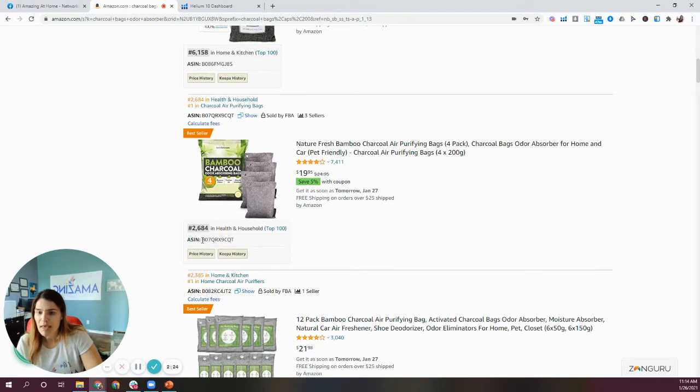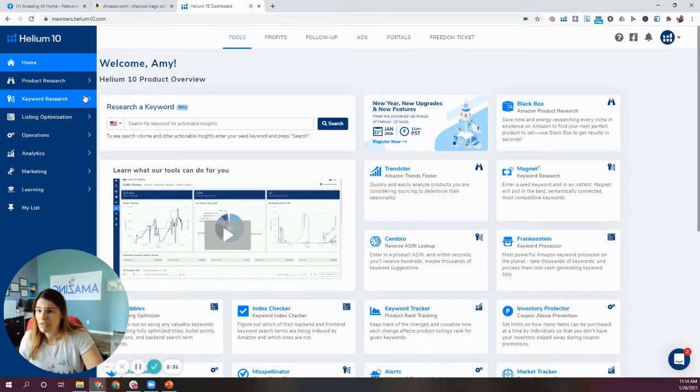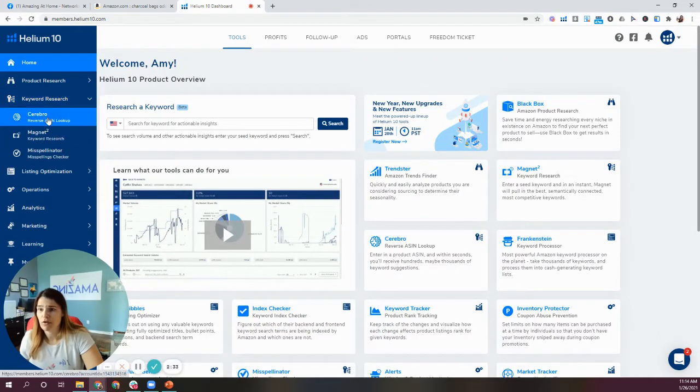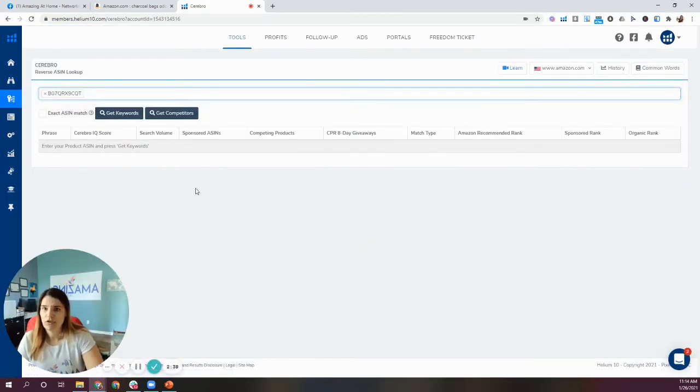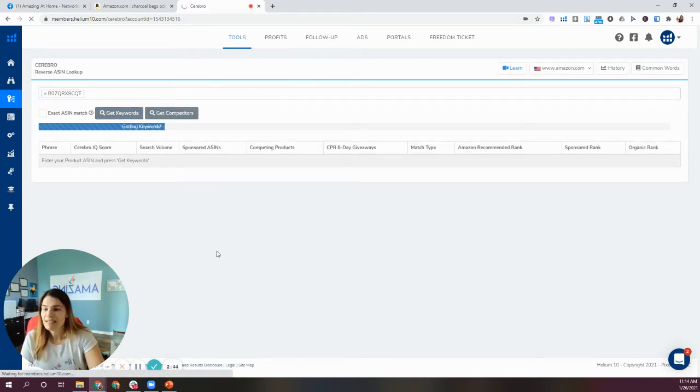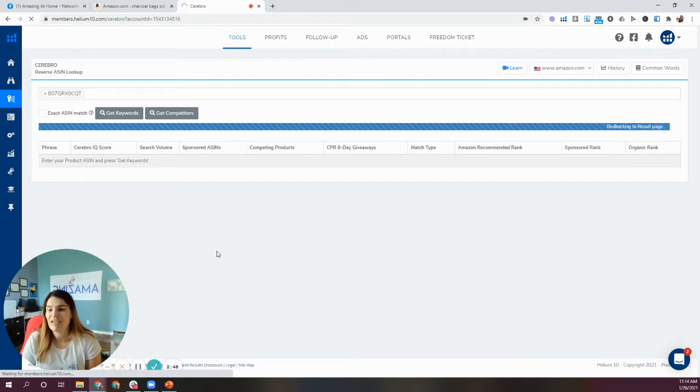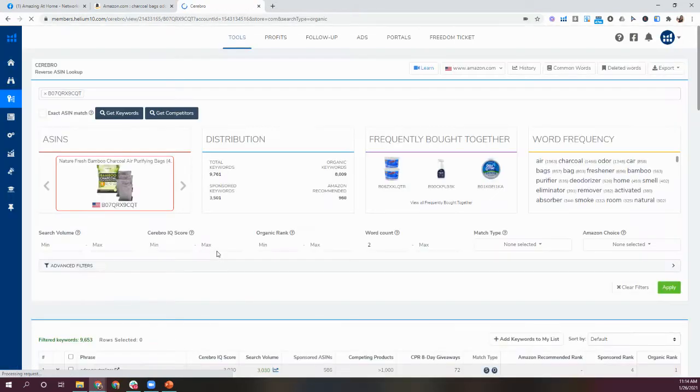Let's put their ASIN into Helium 10's tool here. Helium 10 has a tool called Reverse ASIN Lookup Cerebro. And what I can do is I can search and see, let's get keywords. And let's see what keywords they're ranking organically for.